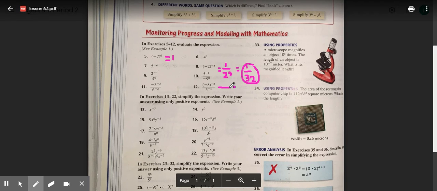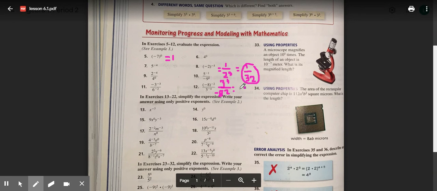Remember, let's flip it first. We have negative 8 to the positive 2nd power, and then you have 3 to the positive 4th power. So I have flipped them. Now you just need to simplify them, evaluate.